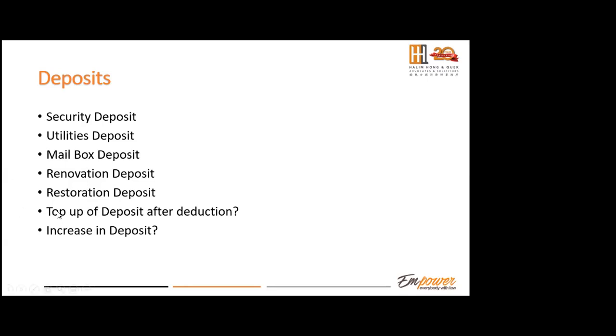Next comes this top up of deposit after deduction. This is a situation where, for example, you cause any damages which you fail to remedy. So the landlord will be entitled to deduct any expenses they have spent from your deposit.